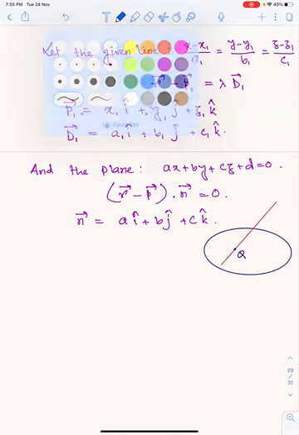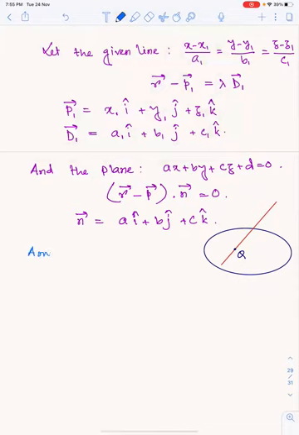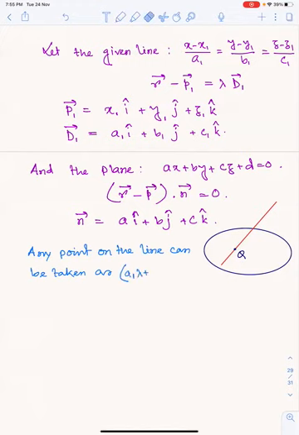So mark this as any point on the line, which can be taken as (a1 lambda plus x1, b1 lambda plus y1, c1 lambda plus z1).